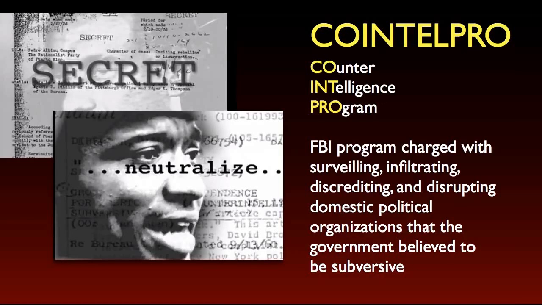COINTELPRO is an acronym for Counterintelligence Program, and its mandate was, as Wikipedia once again puts it, "surveying, infiltrating, discrediting, and disrupting domestic political organizations that the government believed to be subversive, typically communist and socialist organizations, individuals and organizations associated with the civil rights movement, the women's rights movement, anti-war movements, and various other radical movements on the political left and the right."